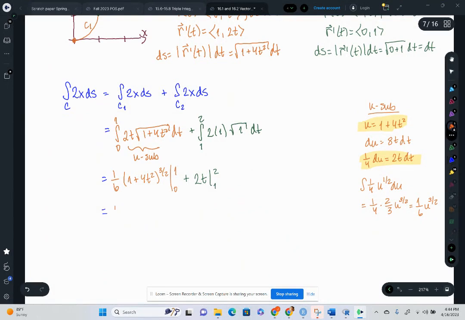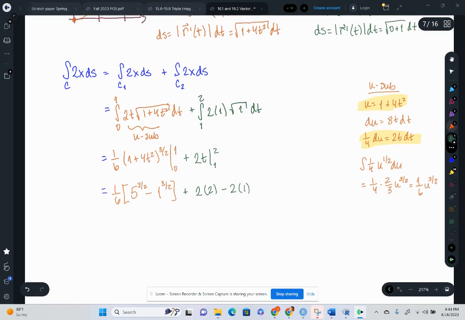With the first one, I will pull out the 1/6. I'll evaluate at 1. I get 1 plus 4, which is 5 to the 3/2, minus, evaluating at 0, I get 1 plus 0, so I just have 1 to the 3/2. And then for the second one, I get plus 2 times 2 minus 2 times 1.